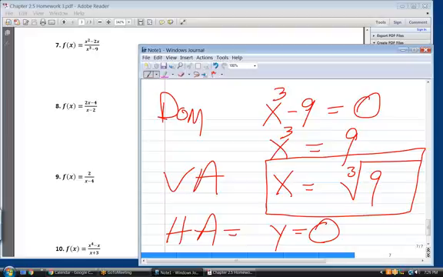All right. What's the horizontal asymptote on 8? For 8, it would be y equals 2. Yes, y equals 2. What's the vertical asymptote on 8? x would equal 2 after you set x minus 2 equal to 0.